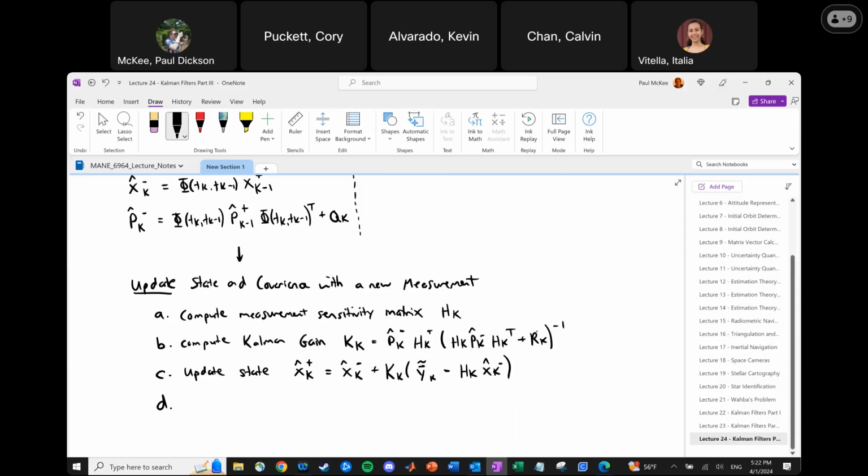And then finally, step D is update covariance. So we also learned a covariance update equation, which looks like this.